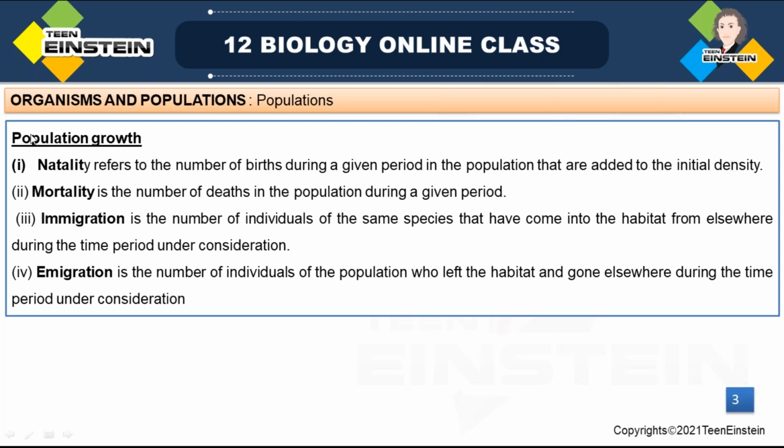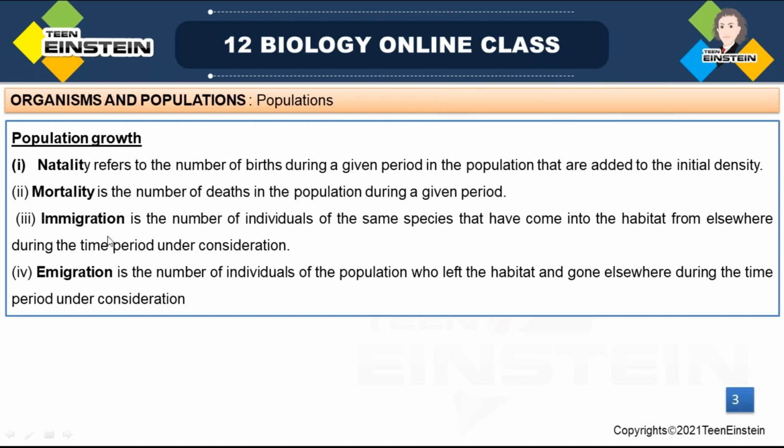Next is immigration. Immigration is the number of individuals of the same species that have come into the habitat from elsewhere during the time period under consideration.